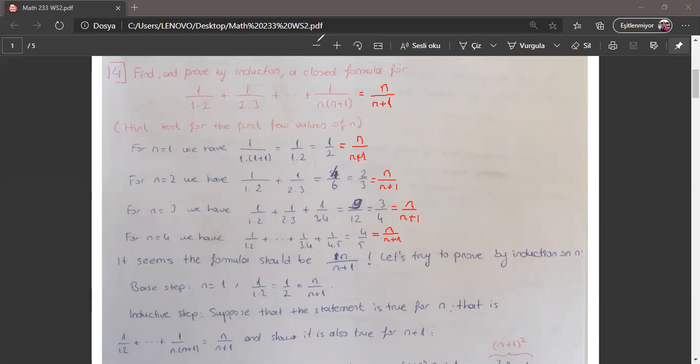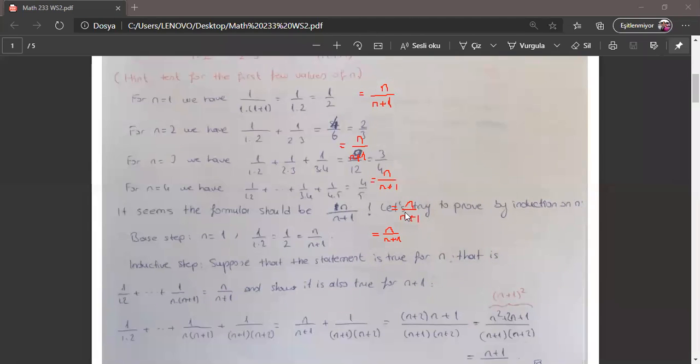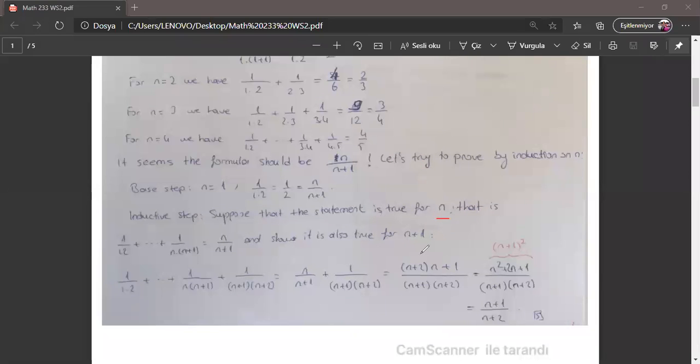So for the inductive step, we have this. Now again, we suppose it for n and show it for n plus 1. Here we have again the left side of the equality. We suppose that for n, we know it is true. We want to show it is also true for n plus 1.